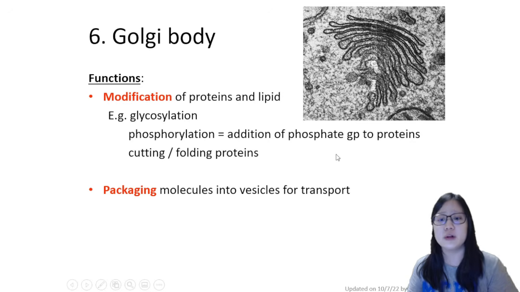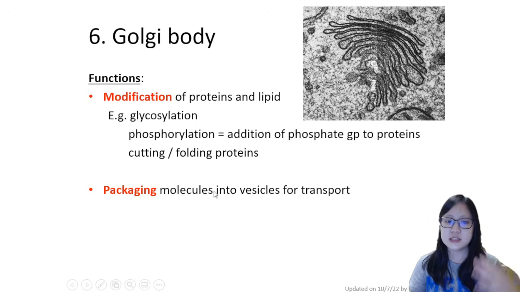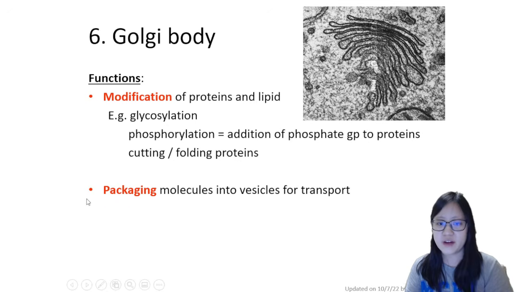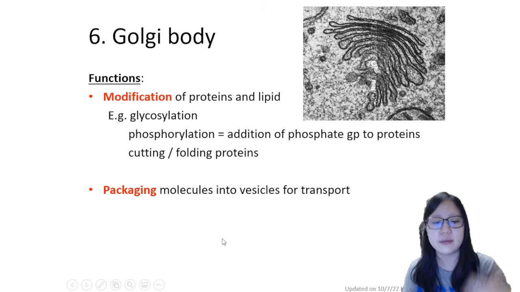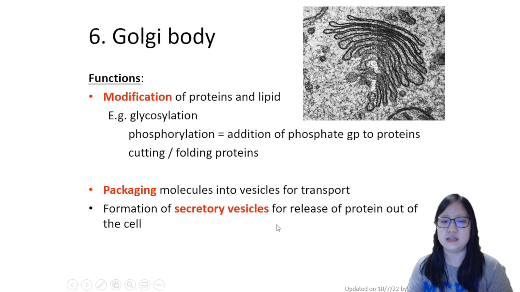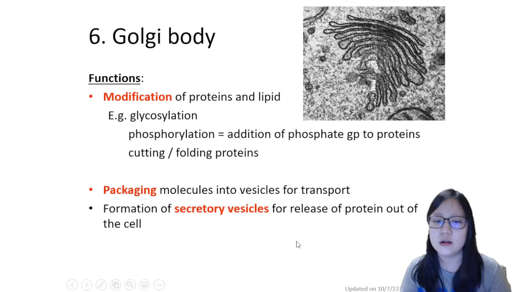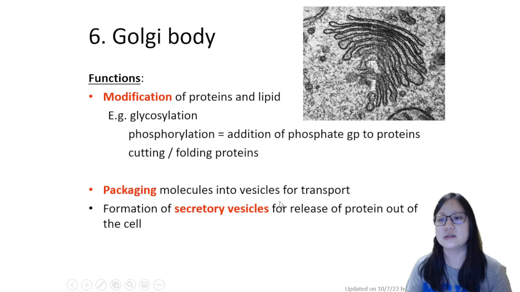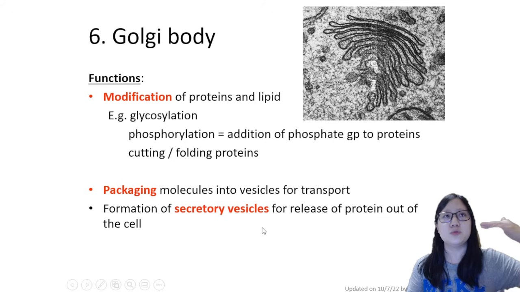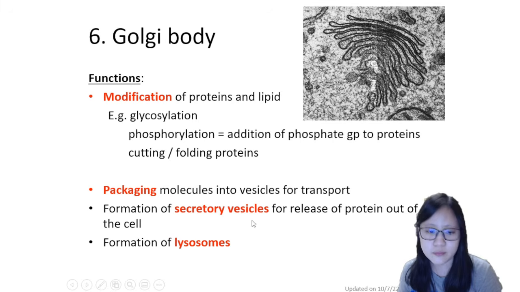Next, packaging molecules into vesicles for transport. So the proteins come from the ER to transport vesicles, and then after they're modified, these molecules can be packaged. This protein or lipid can be packaged into secretory vesicles for release of protein maybe out of the cell, or also secretory vesicles to place proteins at the membrane of the cell.